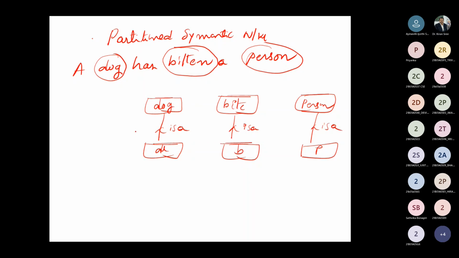And then who is the attacker, the dog or the person? The dog is the attacker, the assailant, whatever it may be, and the person is the victim.